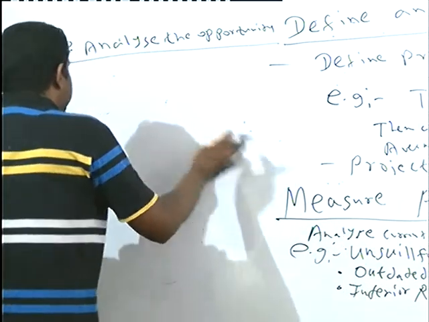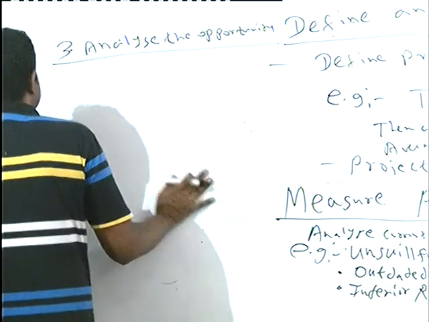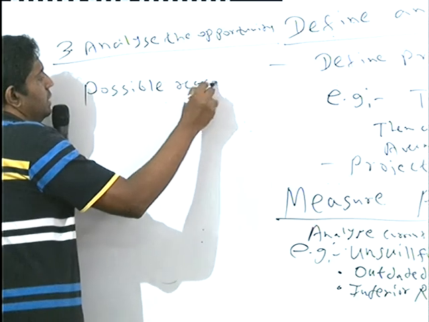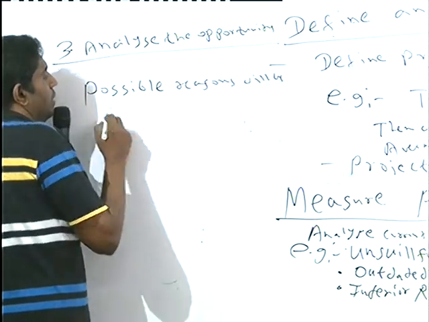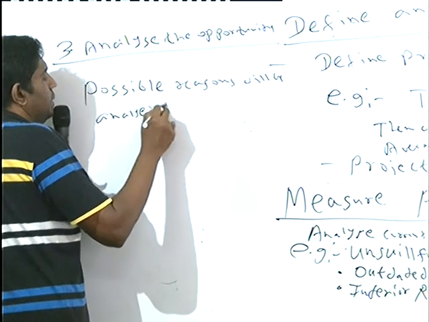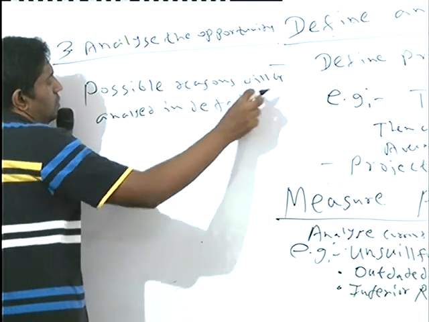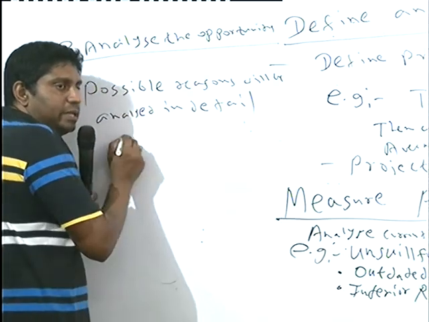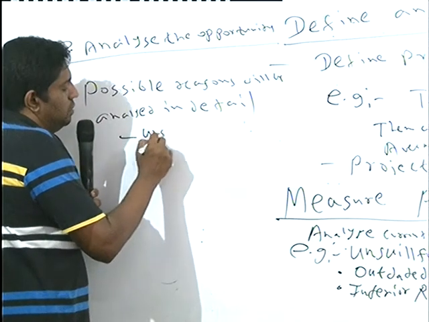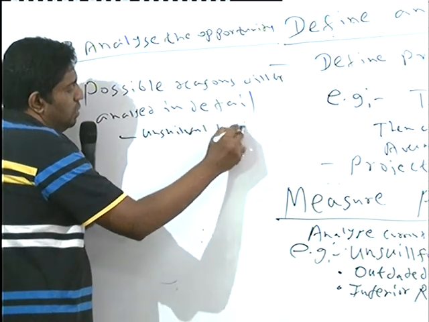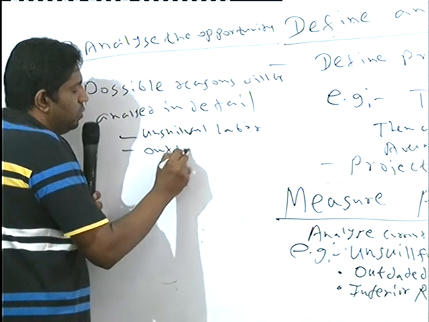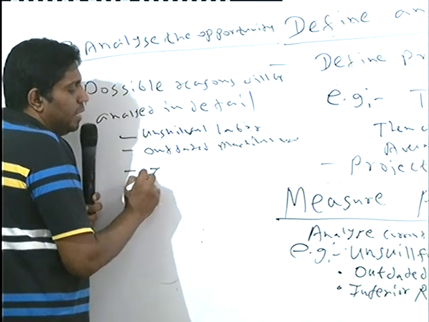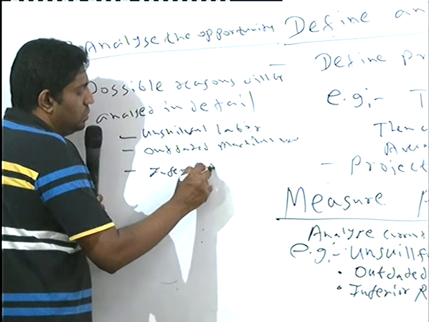These possible reasons will be analyzed in detail. For example, this unskillful labor matter will be analyzed in detail, then outdated machinery use, then inferior raw material use.